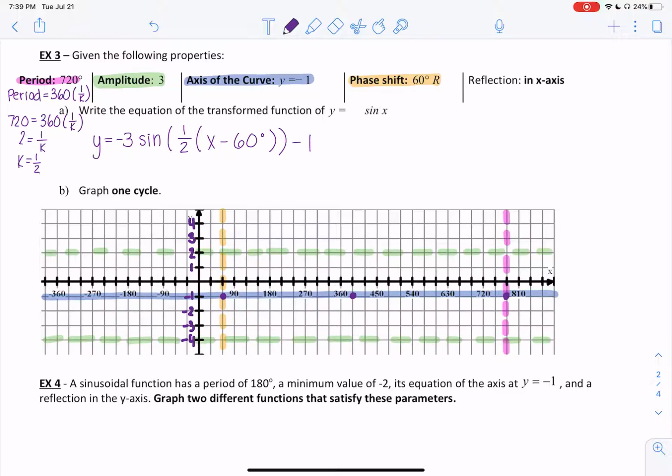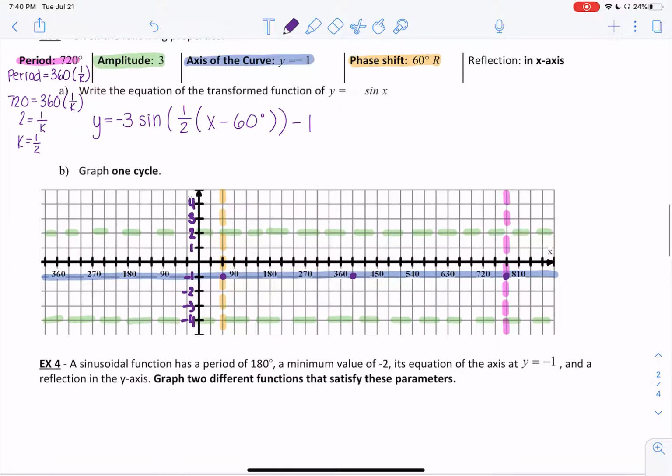Now right in between those, we'll have our minima. So our first minimum will be at 225. Go somewhere around here.